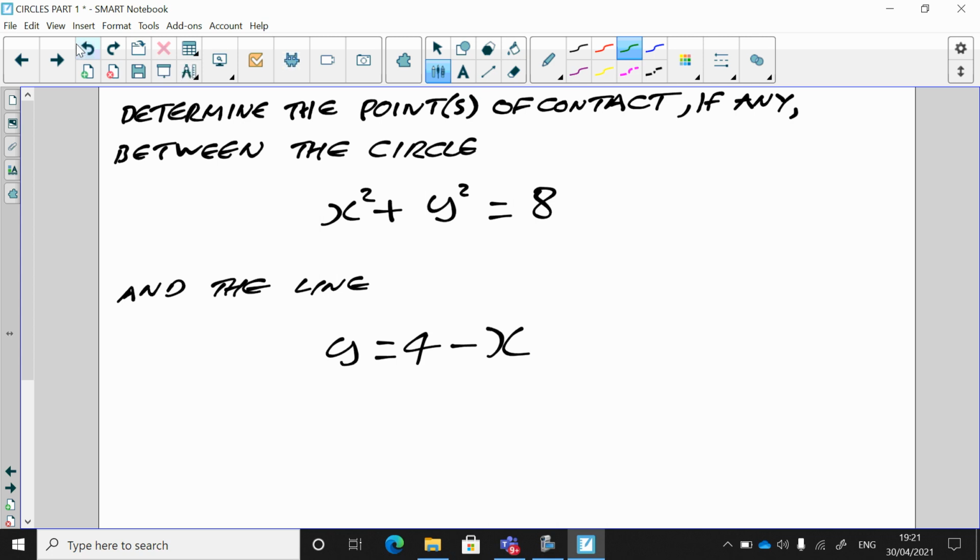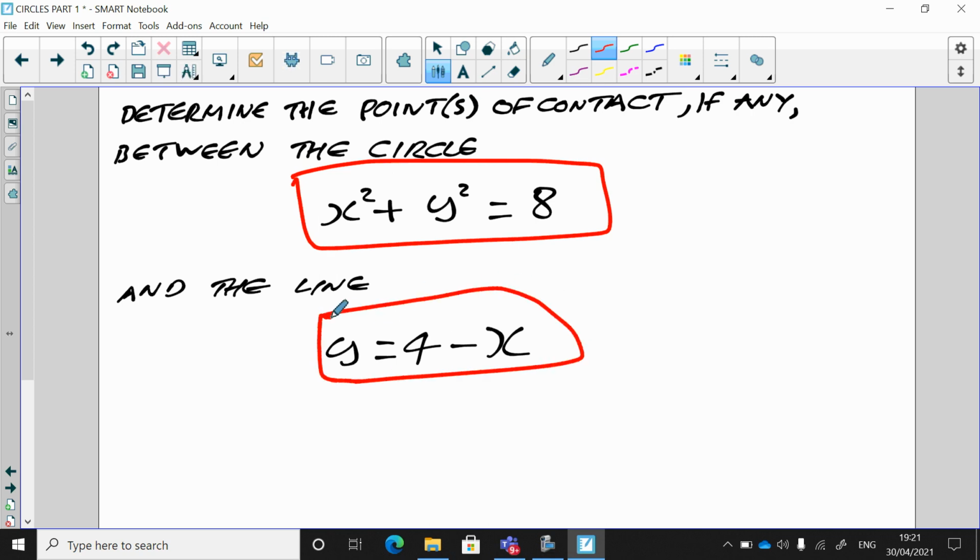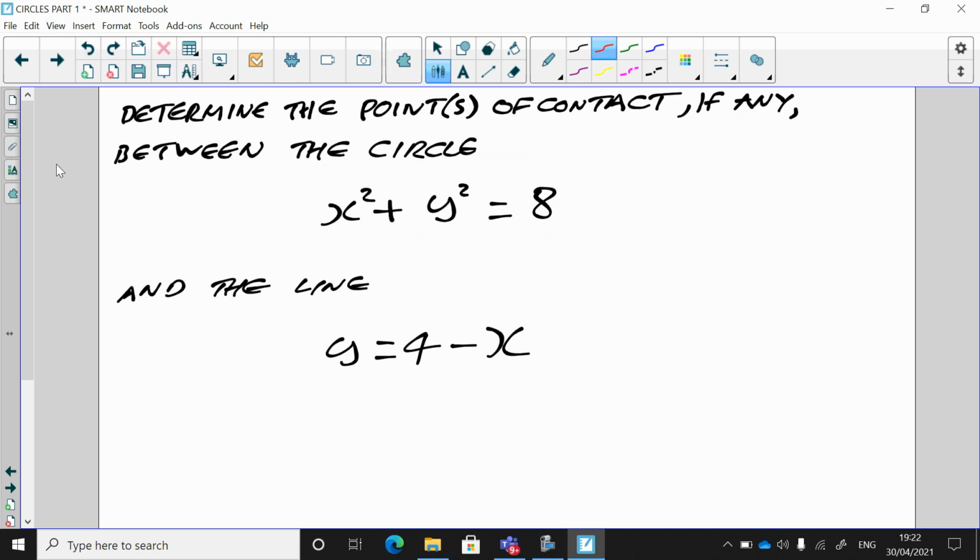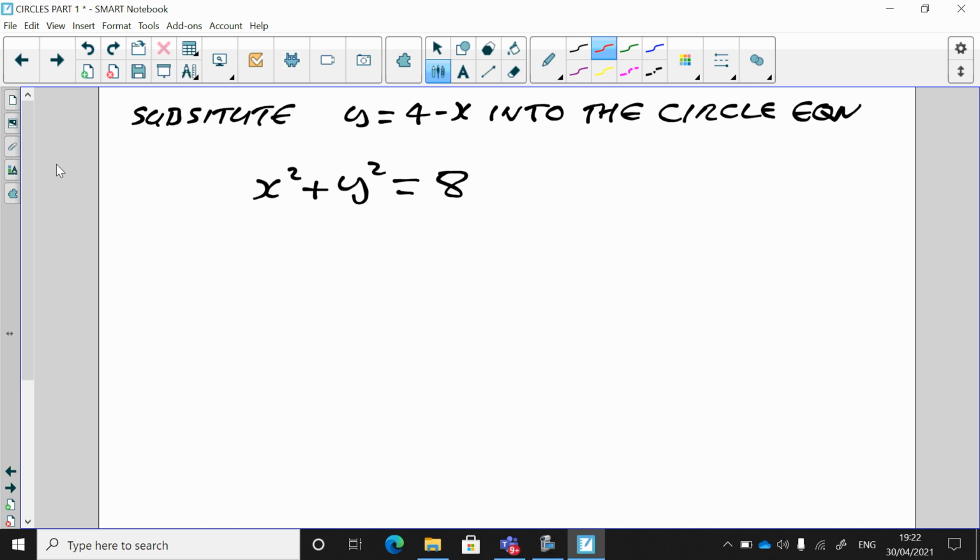But the thing is, we've got two equations. We've got our circle equation and we've got one line equation. So it's going to be probably a similar type of solution or resolution. So I think we're going to be putting that line into that circle. So that's exactly what they're saying to you. Can you put that y equals 4 take away x in the circle equation?